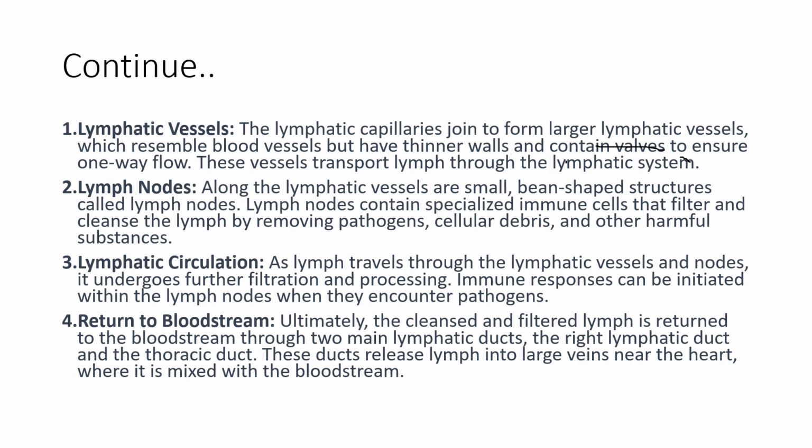Immune responses can be initiated within the lymph nodes where they encounter the pathogen. After all the steps that I mentioned, the last step is that this lymph returns to the bloodstream via the thoracic duct and the right lymphatic duct.